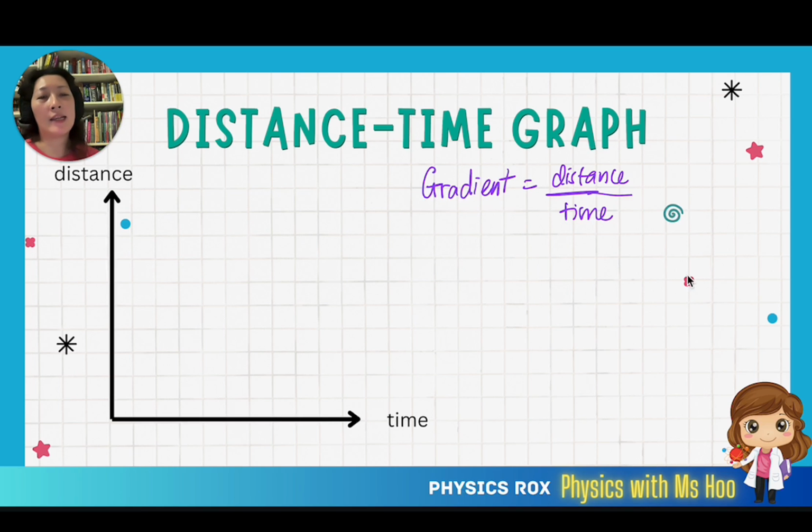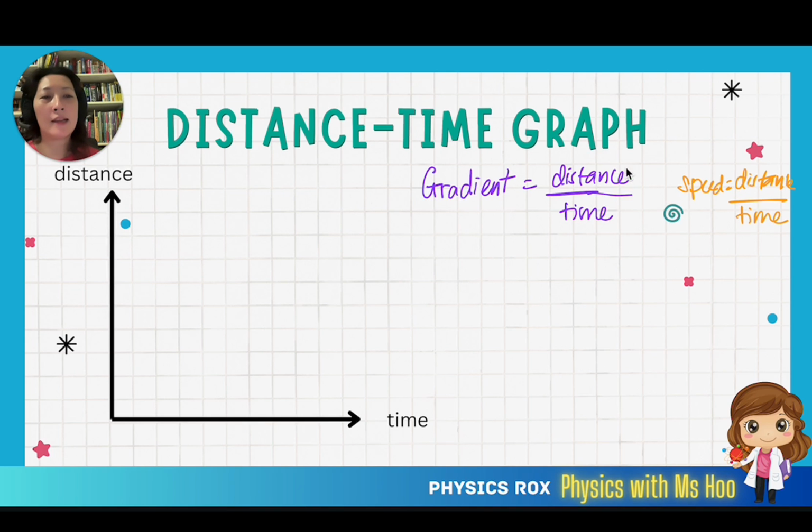Now you can see that if you were to calculate the gradient of a distance time graph, you would be getting the value of the distance divided by time. Look at this closely. Does this look familiar? Is there any variable you know of which is equal to distance over time? That's right. Speed is equal to distance over time. So I'm going to write that out. So speed is distance over time.